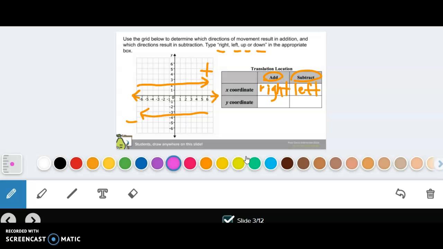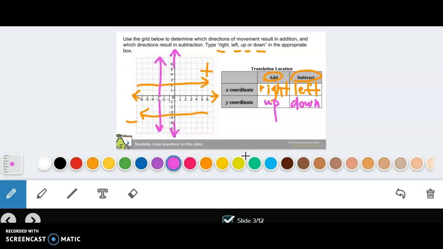The y-coordinate moves in the up and down direction, right? So if I'm going up, that is associated with addition. Okay, and then if we're going down, that is associated with subtraction.